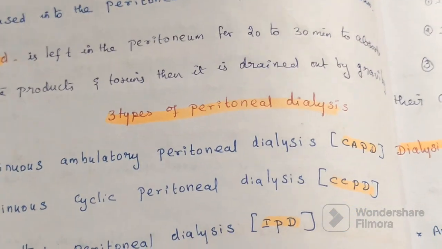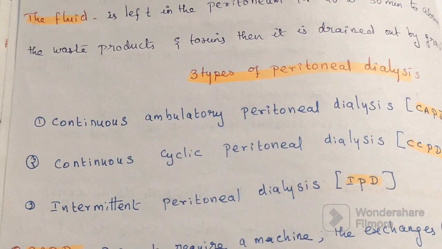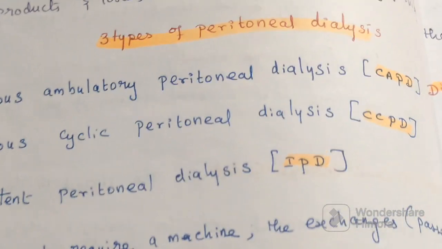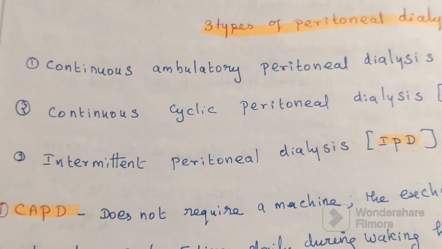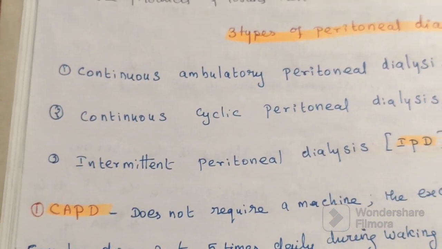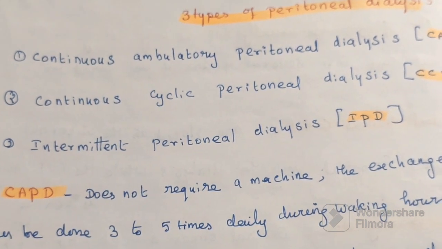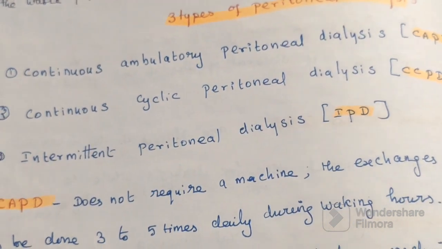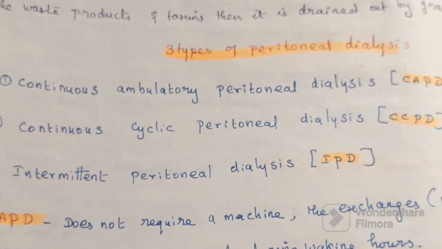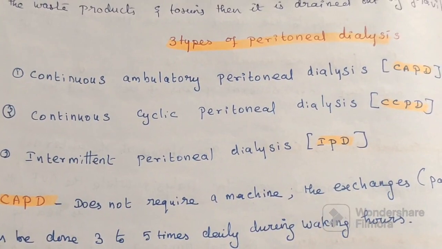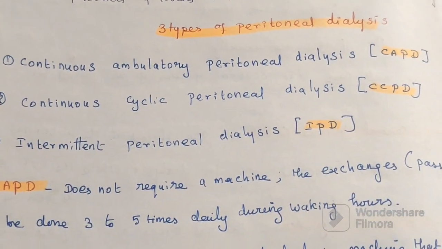There are 3 types of peritoneal dialysis. One is continuous ambulatory peritoneal dialysis. Then continuous cyclic peritoneal dialysis. The third one is intermittent peritoneal dialysis. First we look at continuous ambulatory peritoneal dialysis.